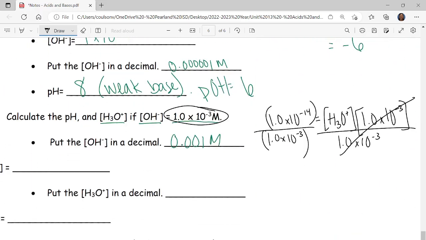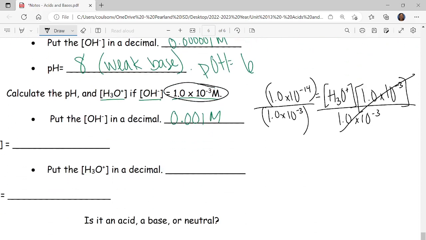So if I have the negative 14 minus the negative 3, aka plus the 3, my new number is going to be 1.0 times 10 to the power of what? Negative 11, which is my hydronium ion concentration, H3O plus, which is the same thing as my hydrogen ion concentration.